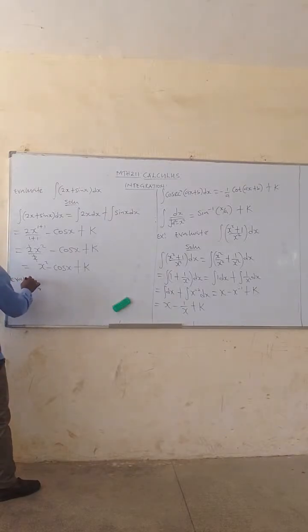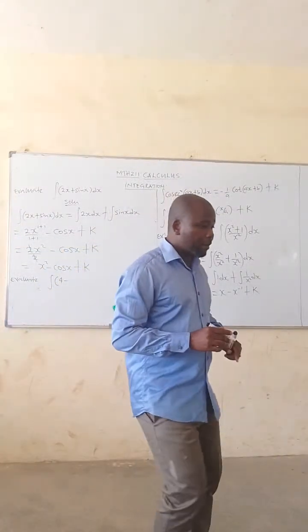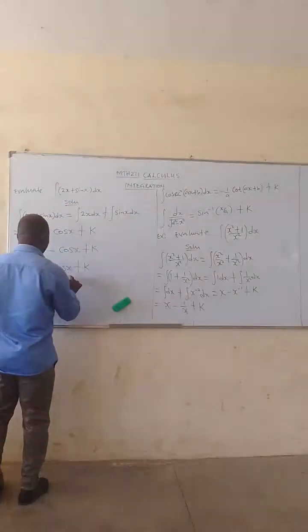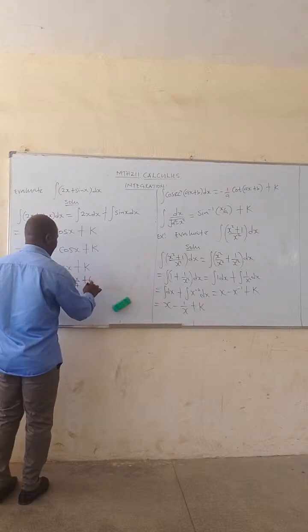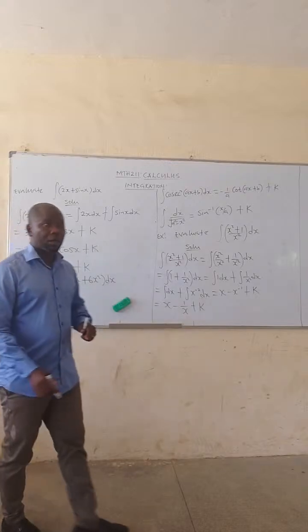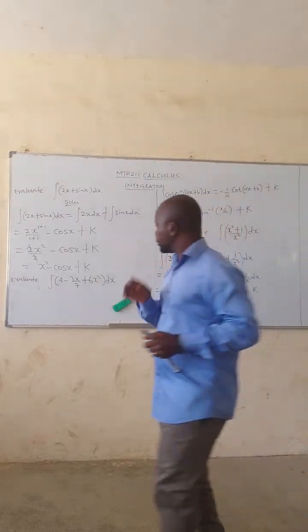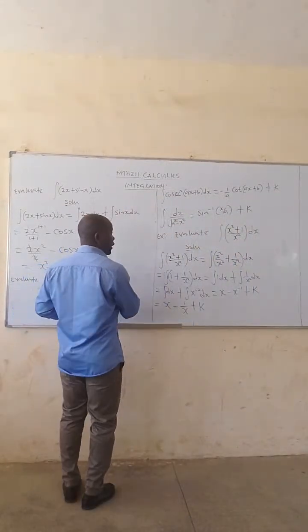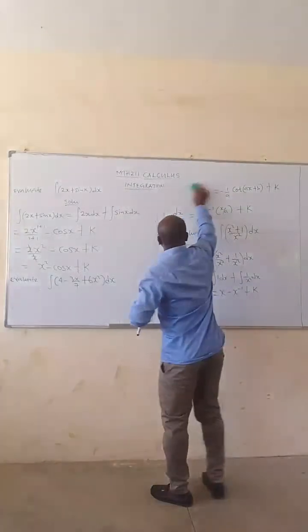Evaluate the integral of 4 minus 3x all over 7 plus 6x squared dx. Let's move further to consider this.